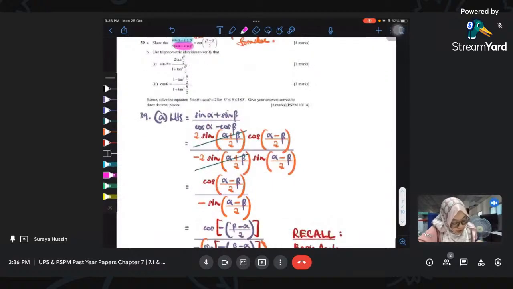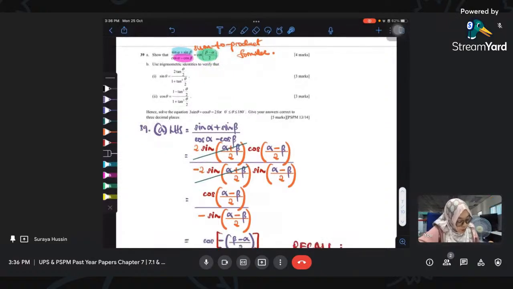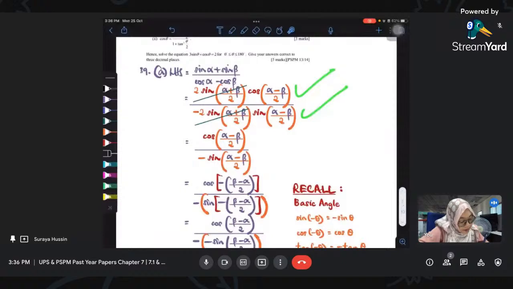And how do we get this right hand side? Miss, why is it suddenly beta minus alpha? So dizzying. Yeah, it's a bit burning, but it is not that difficult. All you have to do is apply the factor formula, and then you cancel the same thing above and below, and then something here cos over negative sign.